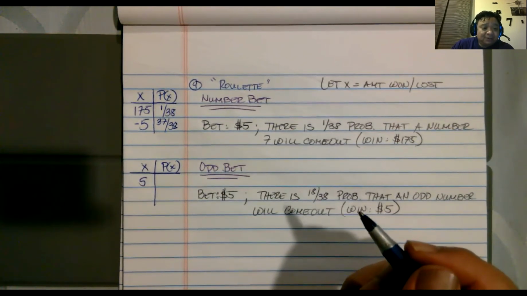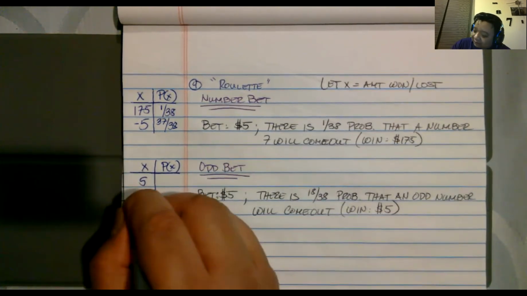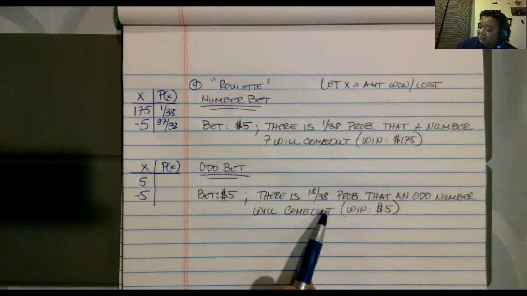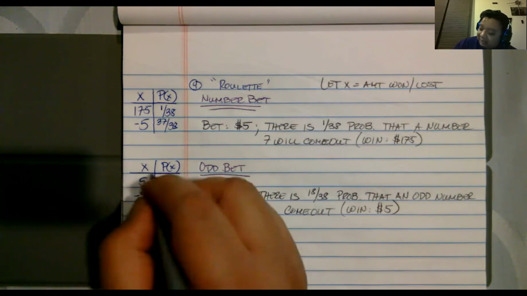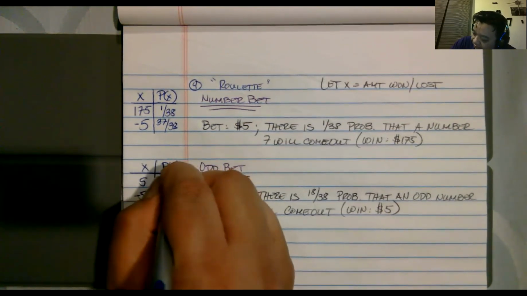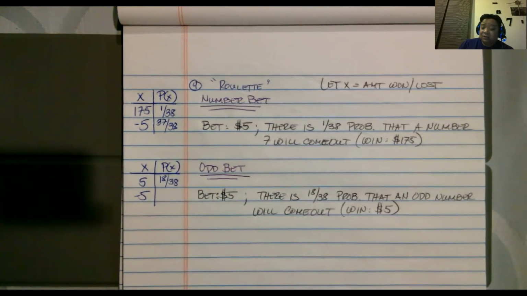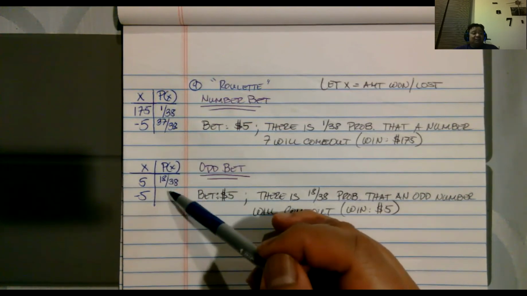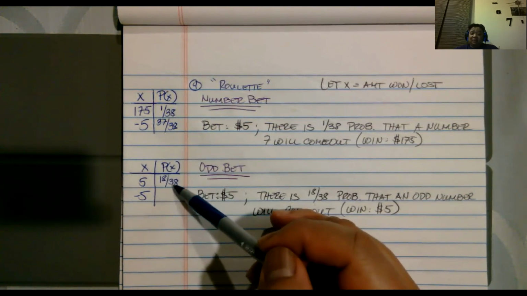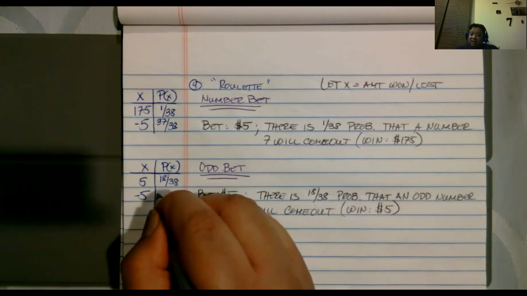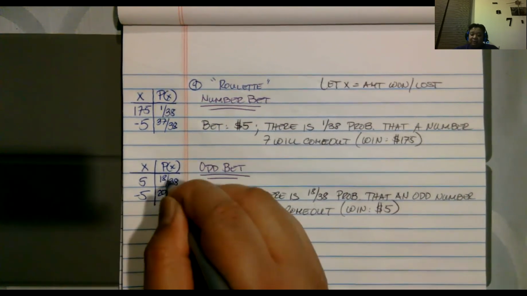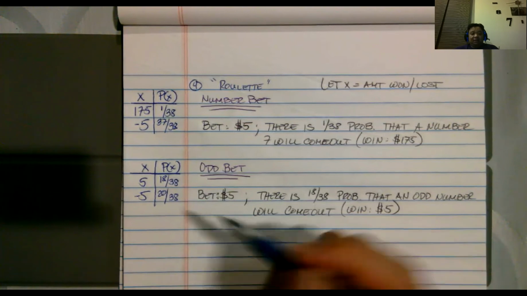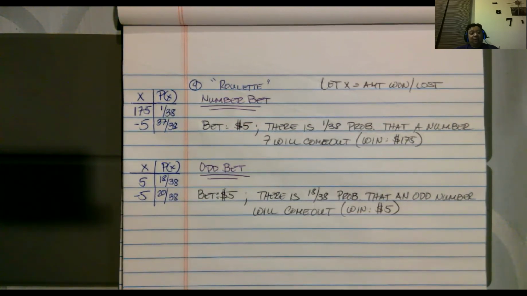And how much do you lose? -5. What's the probability of winning? It's on the problem. So this one is 18 out of 38. And then the probability of losing, same thing, right? It's your complement rule. What do you need so that these add up to 1? Well, since the denominator is 38, then it's 38 minus 18. It would be 20 out of 38, right? You want to add them so that the numerator adds up to 38. So you get 38 out of 38. And so that is your probability distribution.